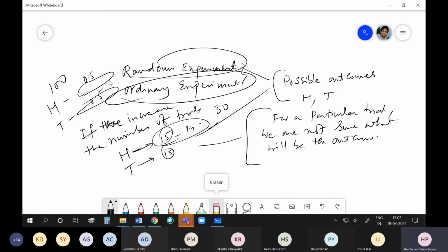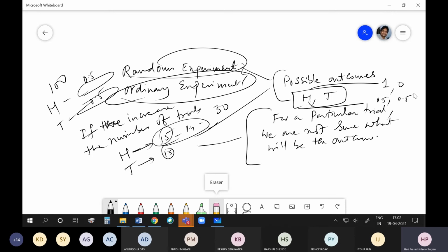But if I take only one experiment and get head, the probability of getting head is 1, because I have not got tail. For one trial, head is 1 and tail is 0 if head has turned up. But if I do 20-30 times, the probability of getting head is 0.5 and tail is 0.5.